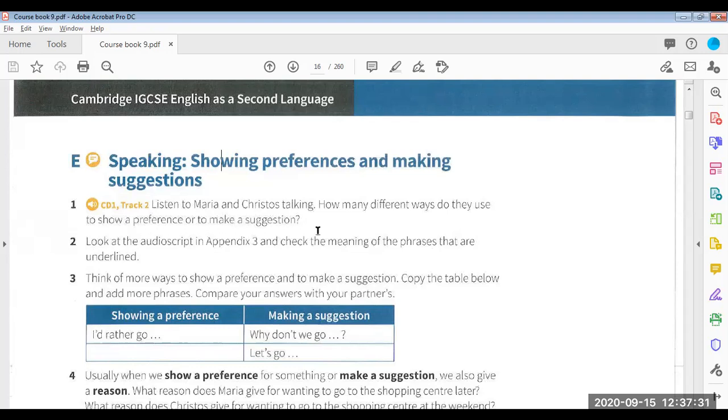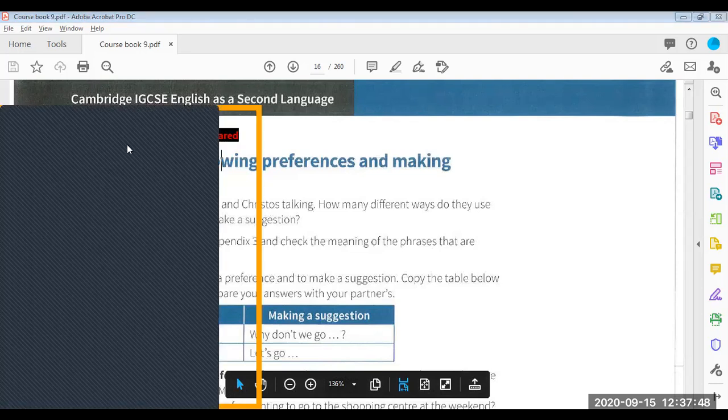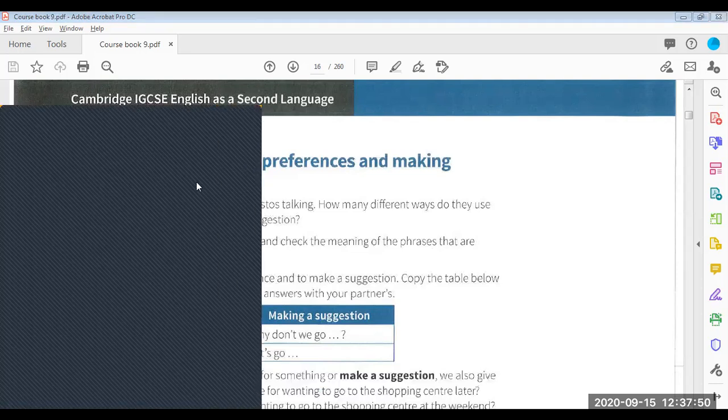So in this audio track, we are going to listen to a conversation, and in that conversation, you will hear some suggestion and preference words and phrases, and you have to identify them while listening. During the class, we did the same thing, and the students identified and highlighted different phrases and words that they have used in the track. So let's listen to the track.